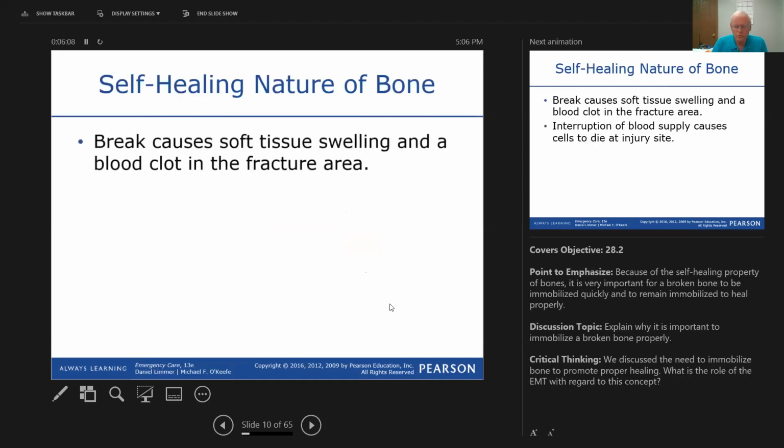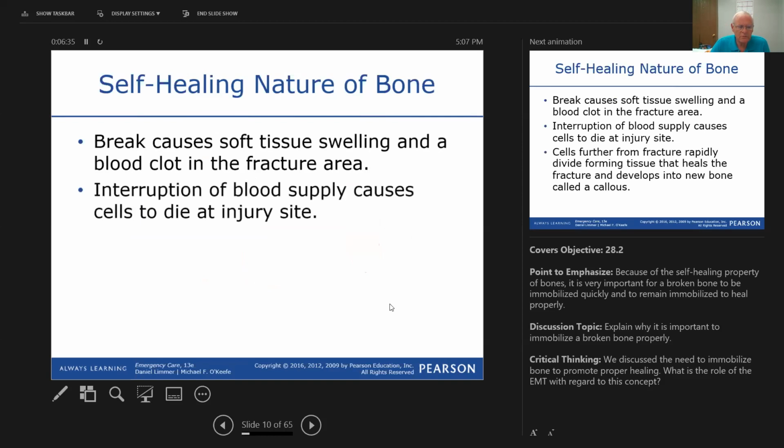So when there's a fracture, and we'll talk about those in just a minute, the bone has the ability to heal itself in many cases, unless there's some sort of pathology going on or disease process, like bone cancer or something like that. So when a bone breaks, the soft tissue around it starts bleeding and swelling, and a blood clot will form around that fracture.